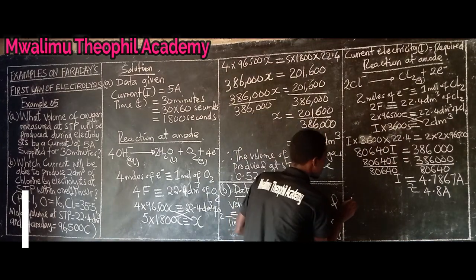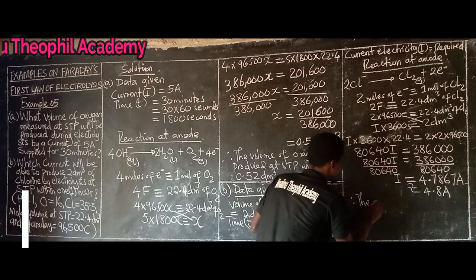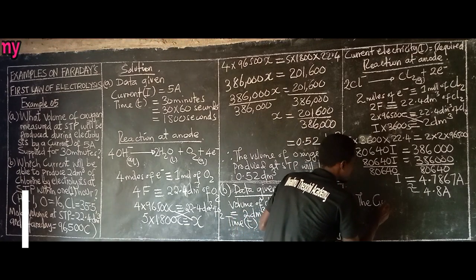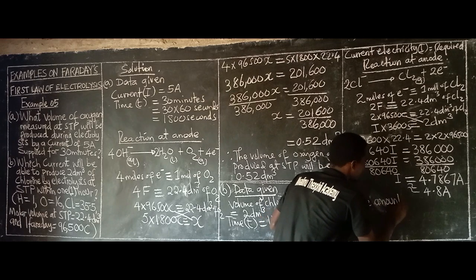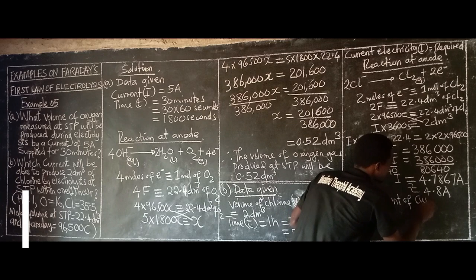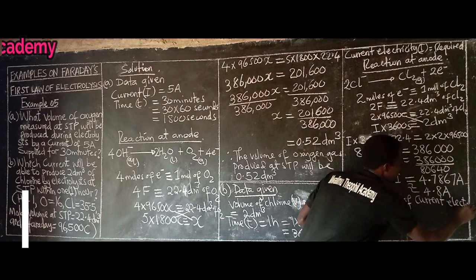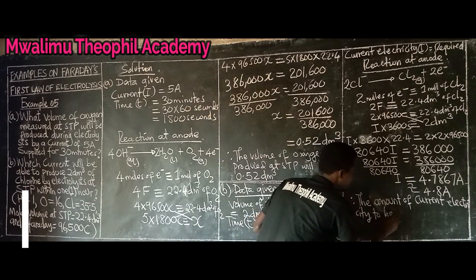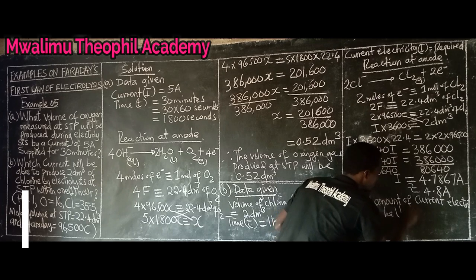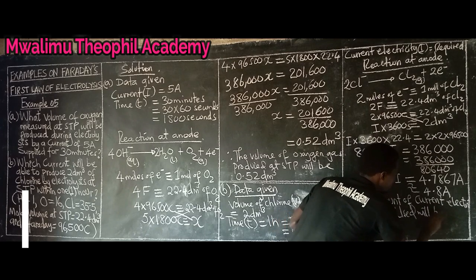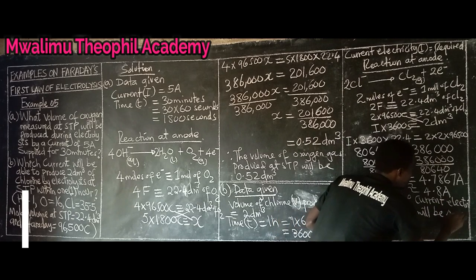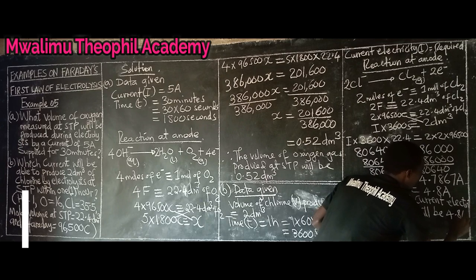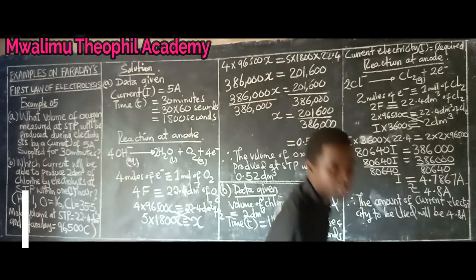Now we say the amount of current electricity to be used will be 4.8 ampere.